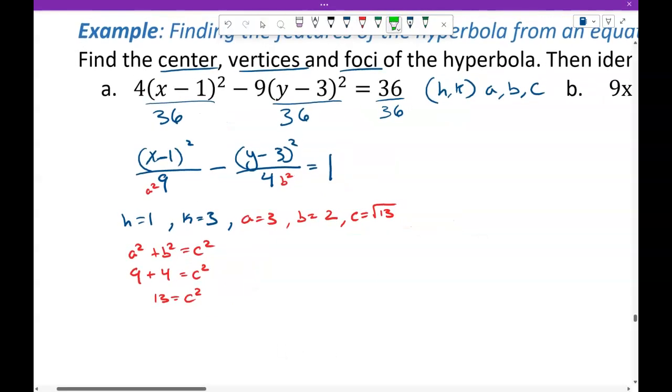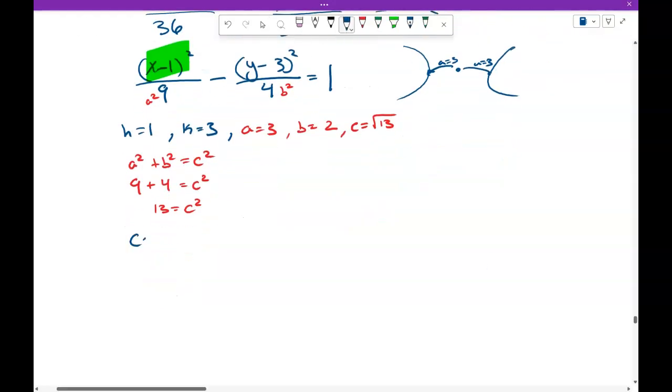Since x squared is first, it means we have a horizontal axis hyperbola with our center and our vertices on the side. So the vertices will be a units to the left and the right. So 3 units to the left and right of center. So if we start with center, we know center is h and k, (1, 3).